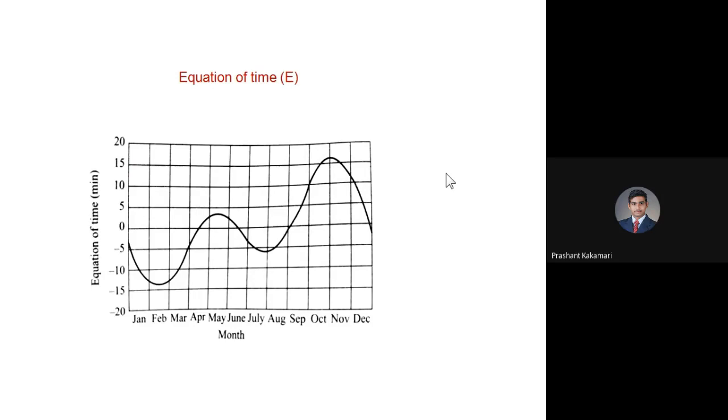If you exactly see the zero values, for around 3-4 days it has the zero value. There is not much change in the path of the sun. But in other months, it is varying from minus 15 to plus 15. So there will be change in the equation of time in minutes.